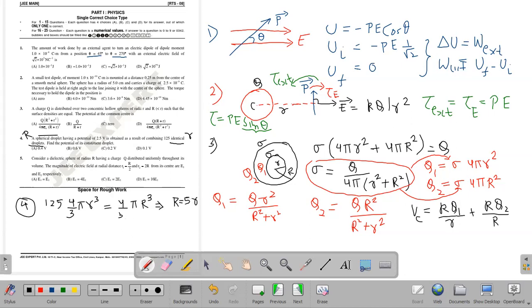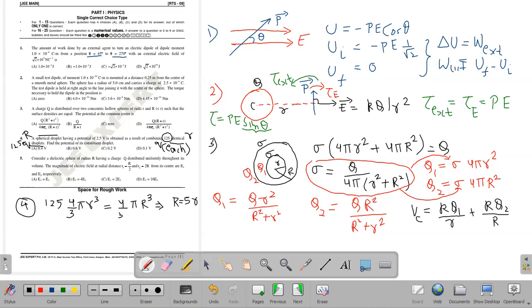Also assume that small q is the charge on each individual droplet. Since we are combining 125 such droplets, the total charge on the bigger sphere will be 125 q, by conservation of charge.